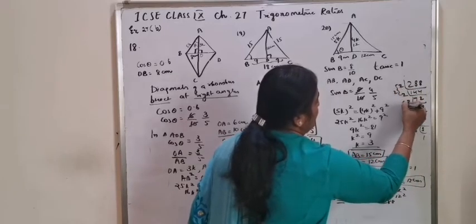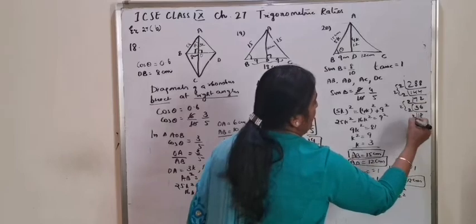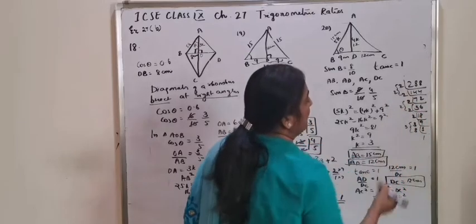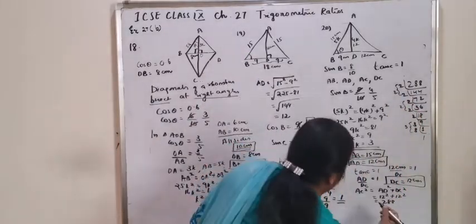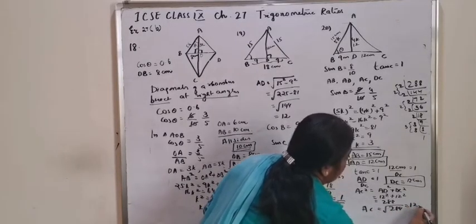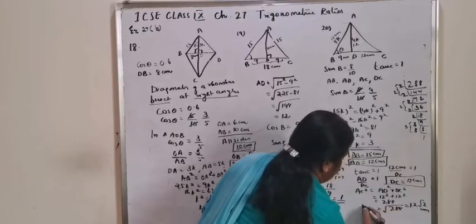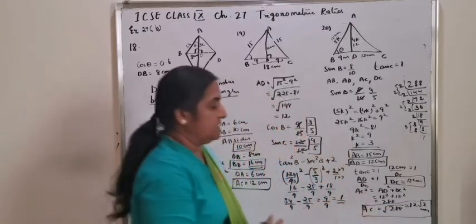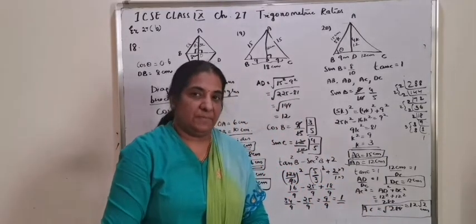That means 2, 2, 3. 3 2s are 6, 2 2s are 12 root 2. Therefore, AC is equal to square root of 288, which is the same as 12 root 2 centimeter. So, the value of AC is 12 root 2 centimeter.